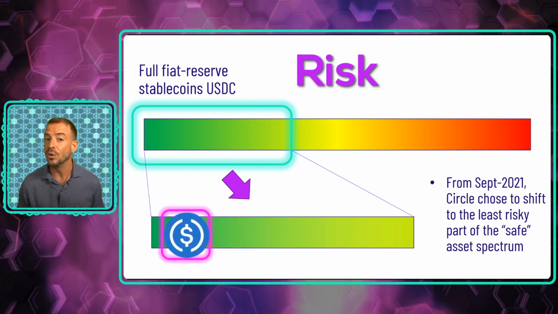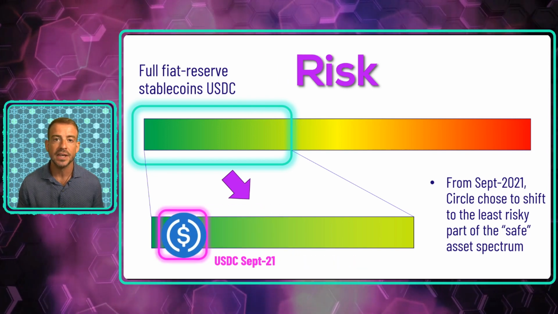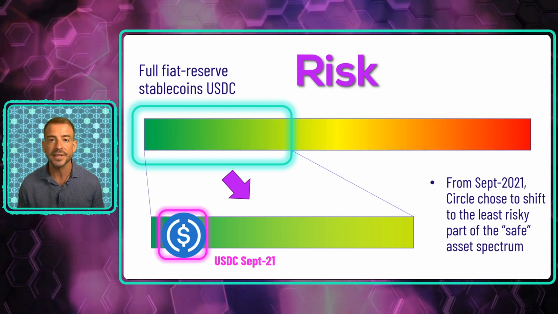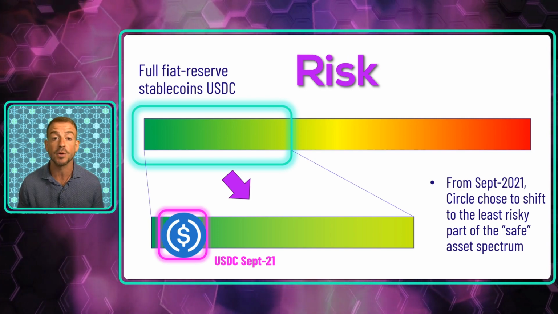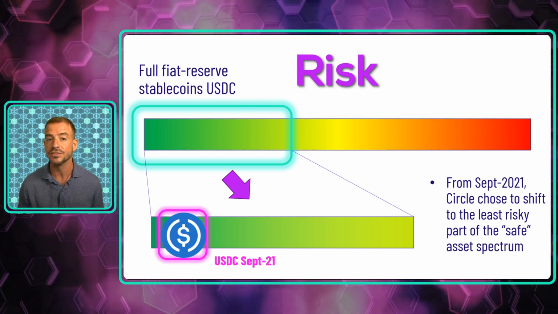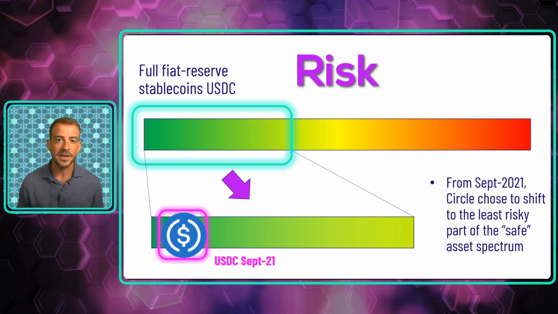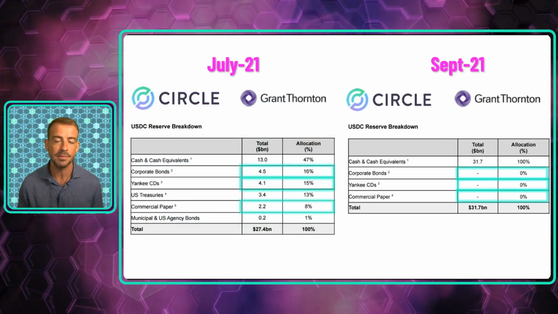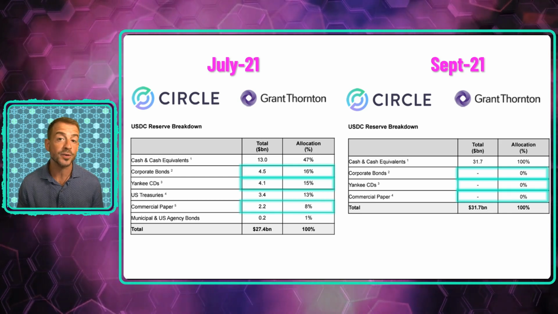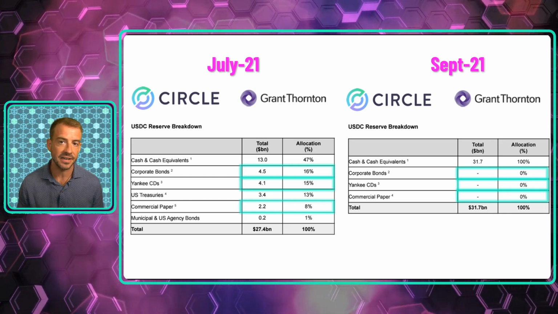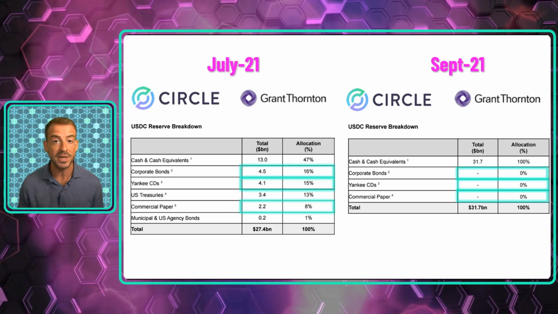Of course, we all know that talk is cheap in crypto land, so Circle went out of its way to voluntarily offer monthly attestations of its balances provided by reputable firms like Grant Thornton and more recently Deloitte. And indeed, you can see that change recorded in their published attestations for July and then September of 2021, with all those riskier holdings going to zero. You can download these attestations for yourself on Circle's website in PDF format.